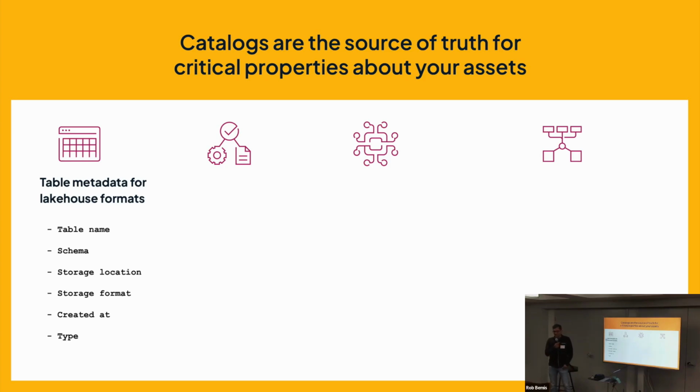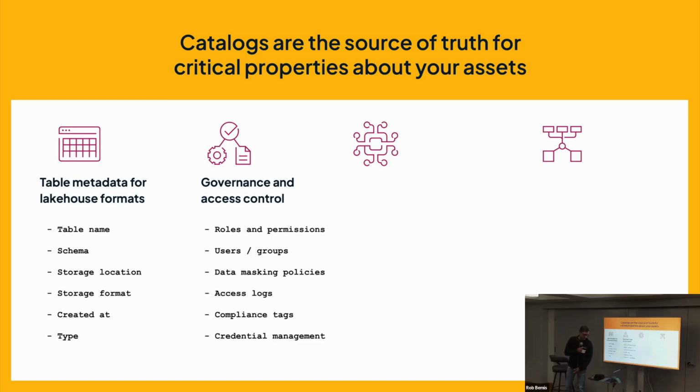But what we have seen recently is catalogs have started to expand their role and take on a lot more responsibilities. So we've seen catalogs take on governance and access control functionality. This includes roles, permissions, policies like masking policies, access audit logs, and so on.